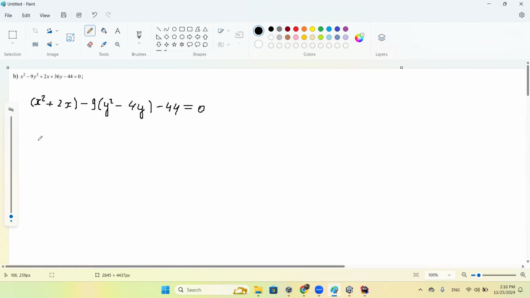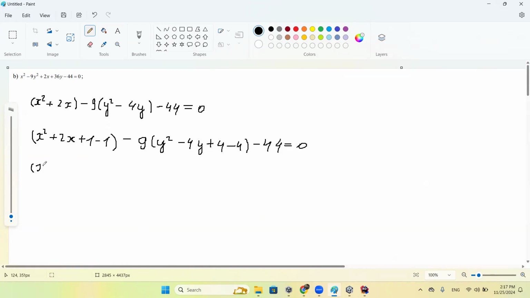So let's do analogical steps. x in power of 2 plus 2x plus 1 minus 1, minus 9 y in power of 2 minus 4y plus 4 minus 4, minus 44 equals 0.